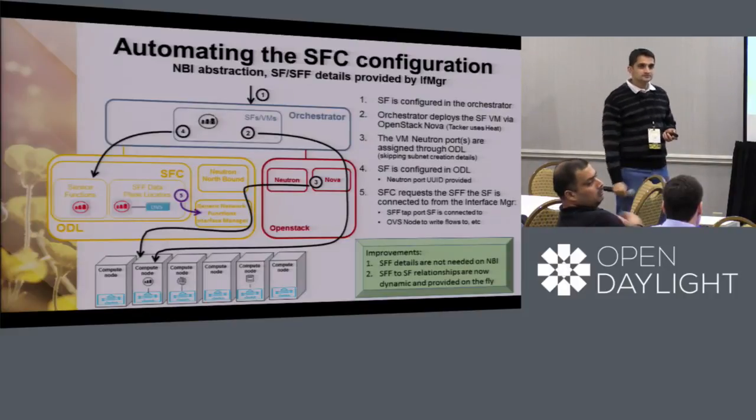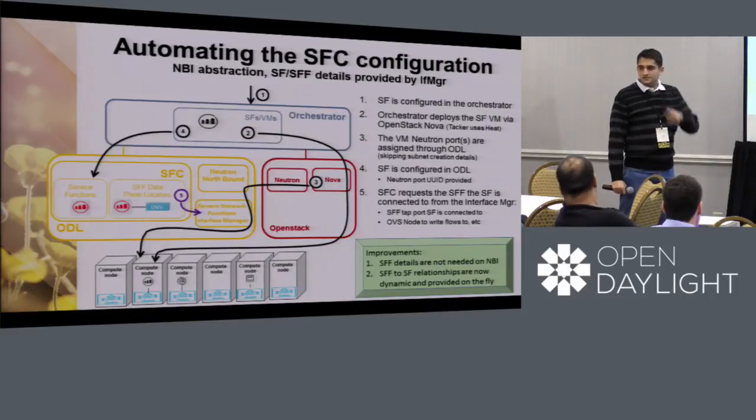But that's outside the scope of this. Enhanced platform awareness is functionality that's already integrated into Nova, so that supposedly is the way placement is selected. That is orthogonal to anything we're doing on SFC.